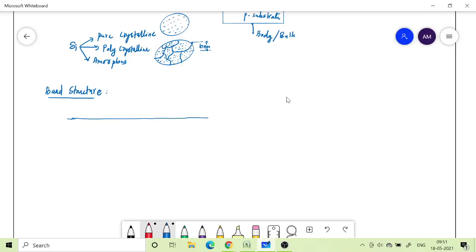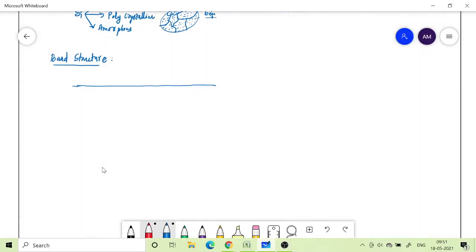Probably when you studied the photoelectric effect, you came across work function and vacuum level. That is the energy at which the electron can become free from the material.